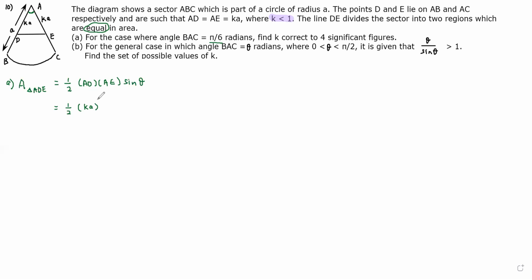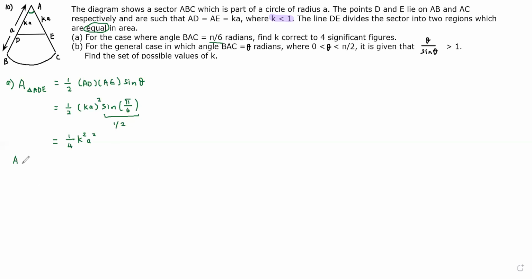So you have KA times KA, which is the square of KA, and we have sine of pi over 6. Sine of pi over 6 is always given by 1 over 2. So area of triangle ADE, you will have 1/2 times 1/2, that is 1 over 4, K squared, A squared.